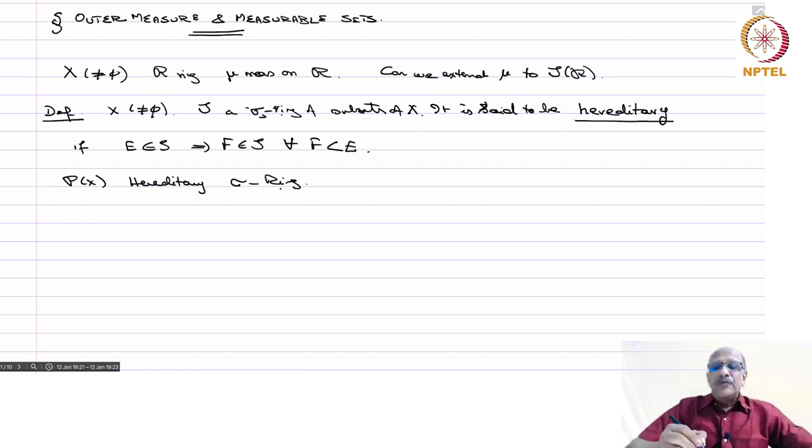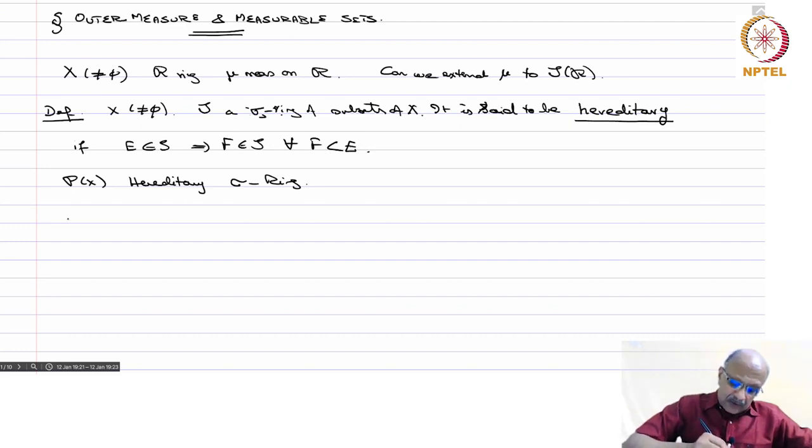Now of course, the power set of X is a hereditary sigma ring. And as usual, if you take any intersection of hereditary sigma rings, it's automatically hereditary. It's very easy to check, because an intersection of sigma rings is a sigma ring, and the hereditary property is again easy to check.